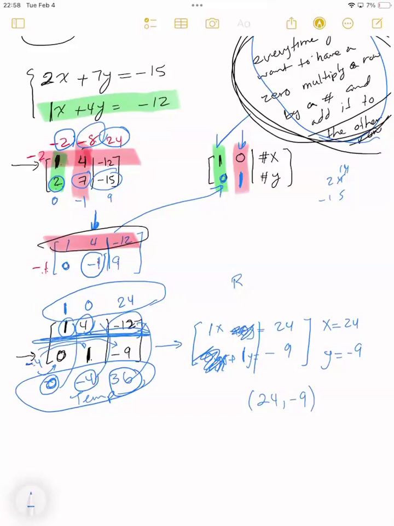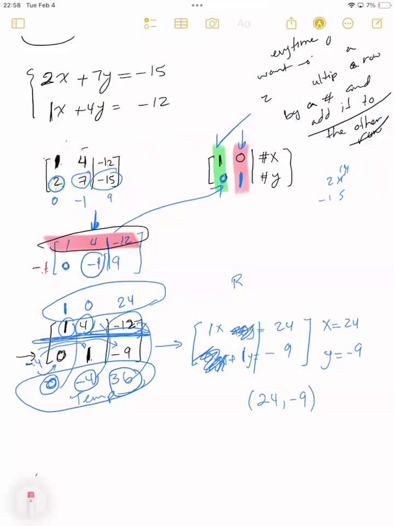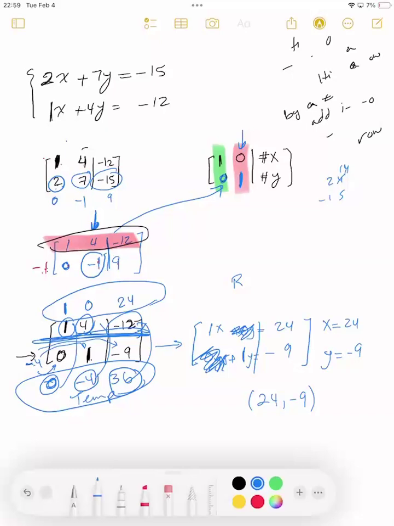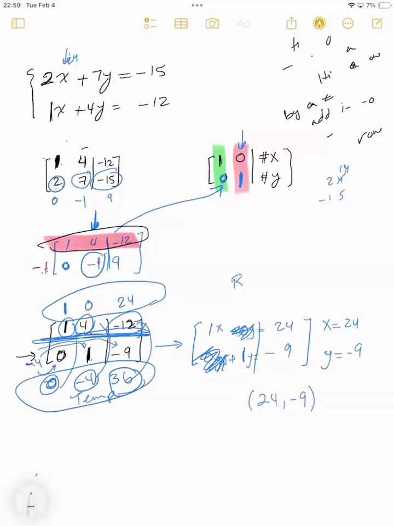That means if I substitute 24 for x and substitute negative 9 for y, I get negative 15, because 2 times 24 is 48. 7 times negative 9 is negative 63.